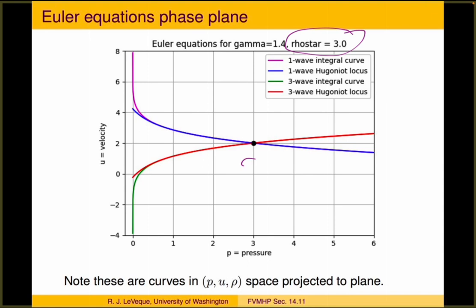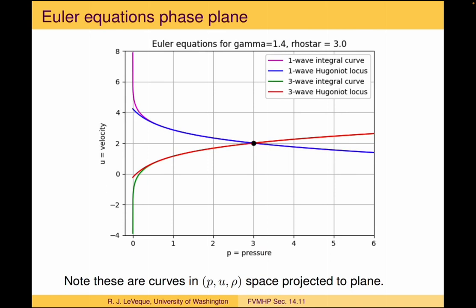So if this is our point q star here, then p star is 3 and u star is 2, but there's also a rho star which isn't shown in the plot except in the title up here. And if I change the value of rho star, then the curves would change because they would be really different curves in the three-dimensional phase space that we're projecting onto the pu plane.